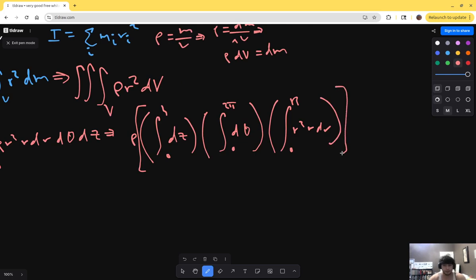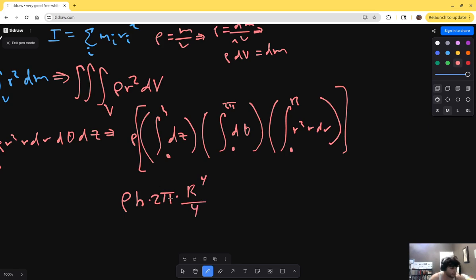Now let's evaluate this. The integral from 0 to h of dz is just z evaluated at h, so that's just h. The integral of d theta is just theta, so we have 2 pi. And then the integral from 0 to r of r squared r dr is r to the 4th over 4. So that just simplifies to rho times h times 2 pi times r to the 4th over 4.